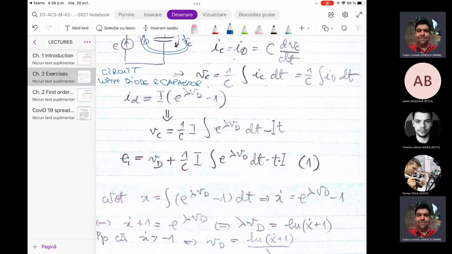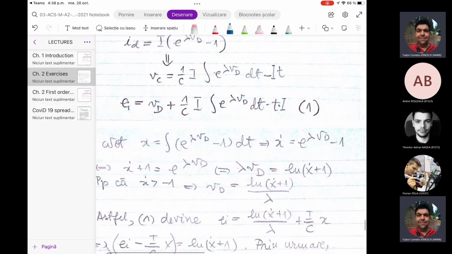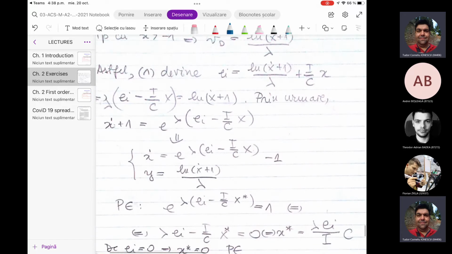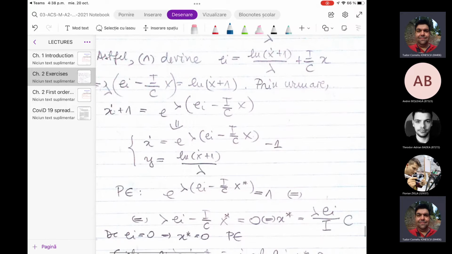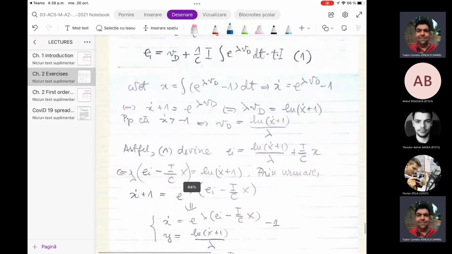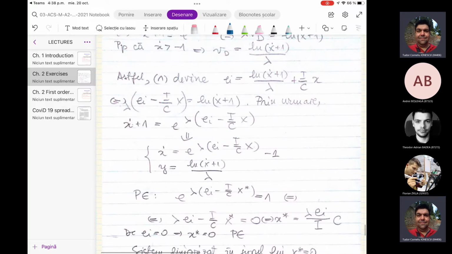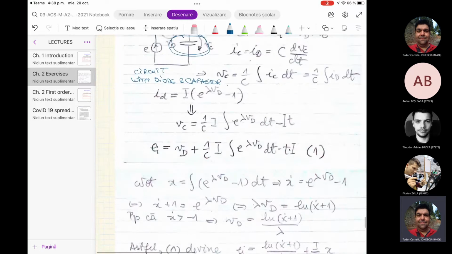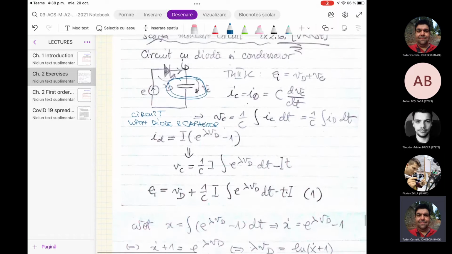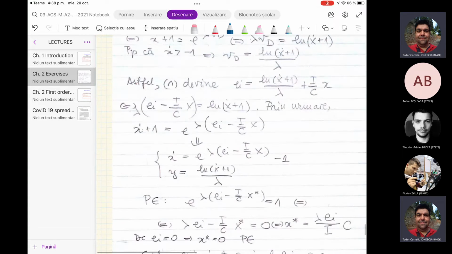The law of the capacitor and Kirchhoff's law are all enough to construct the solution of this system. And you get this dynamical system, and you measure this interesting output.